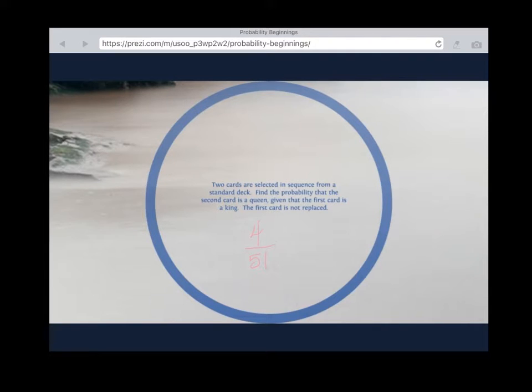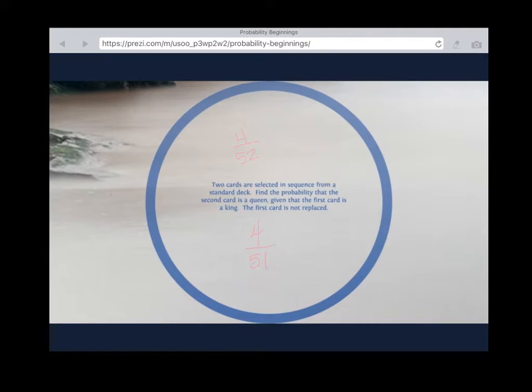All right, so selecting a king, not replacing it, then selecting a queen. So are those two things independent? Do they have an effect on each other? So selecting a king out of a deck, that probability would be 4 out of 52.